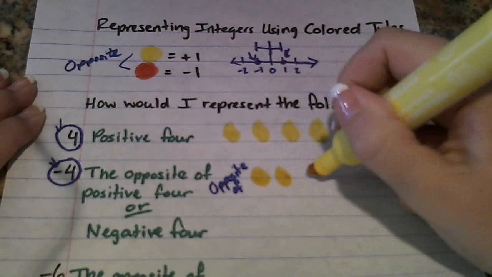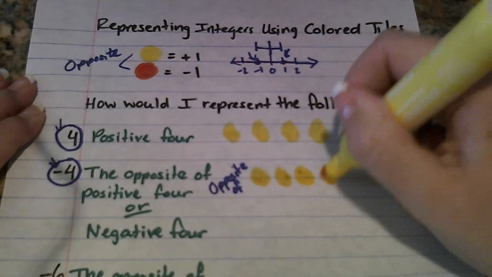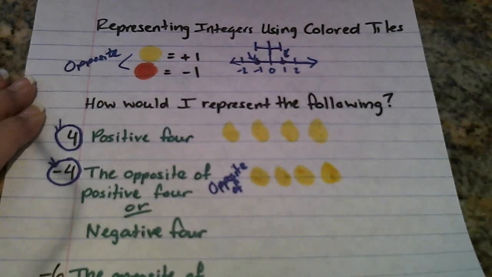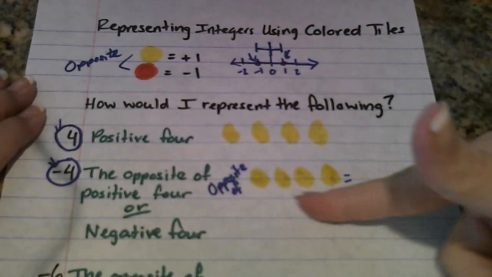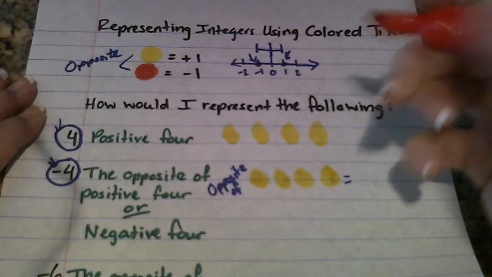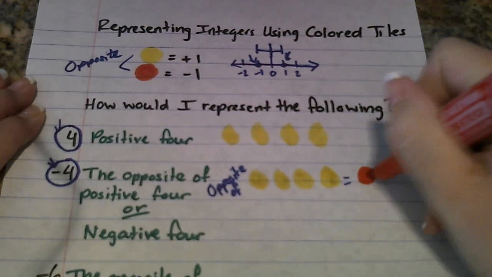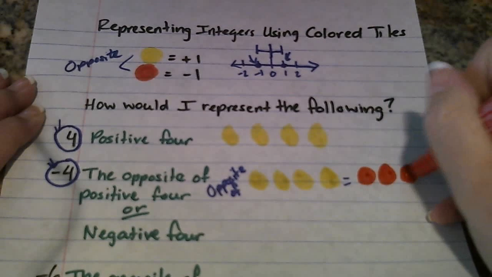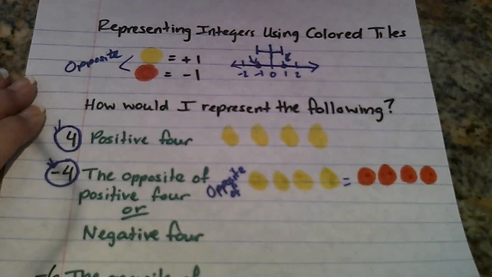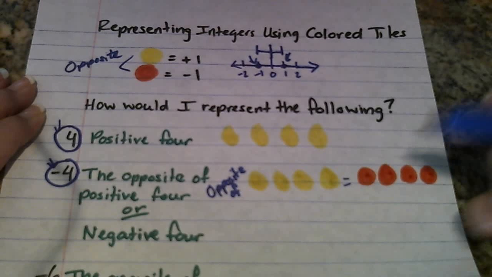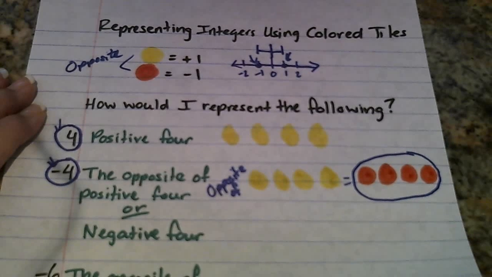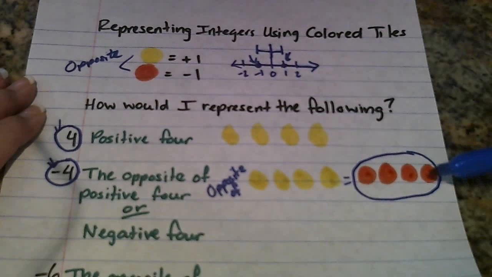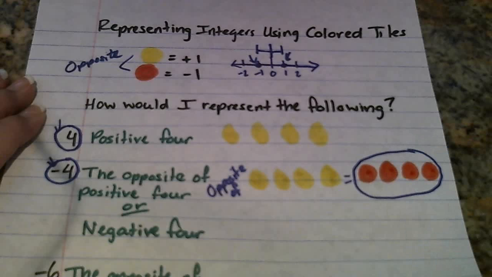And this would be that +4 that I'm looking for the opposite of. And as I stated before, the opposite of 4 yellow chips is actually 4 red chips. So that would be my final answer for that opposite of +4. It would in fact be 4 red chips.